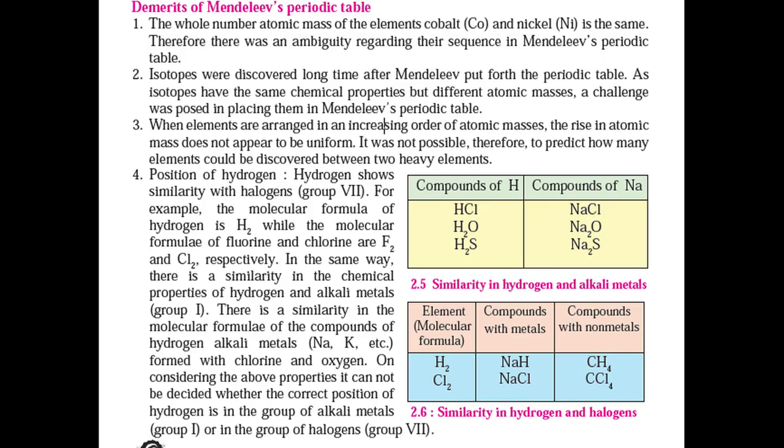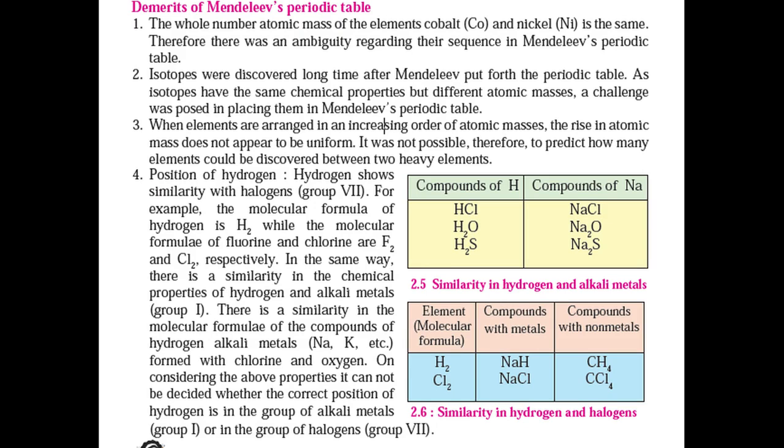So these are demerits, disadvantages. Now if you look at this adjacent table, it gives you compounds of hydrogen and compounds of sodium. So that's similarity in hydrogen and alkali metals. So study them well. And table 2.6 gives you similarities between hydrogen and halogens.